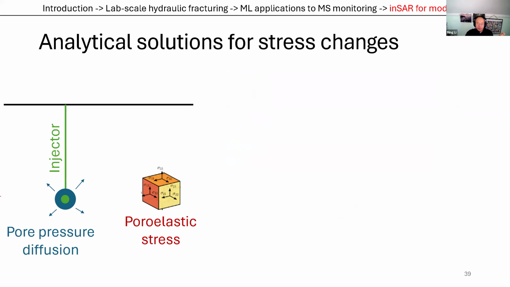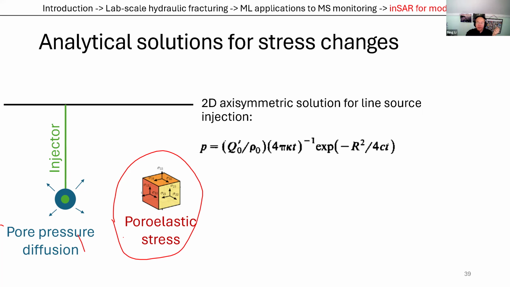The second, of course, is poroelastic stress, and we suspect that this is what's actually causing the seismicity that we see in the basement, right? Basically, if you insert a volume into your rock mass, you get a far-field elastic change in the stress tensor as a response to this injection of mass into the medium.